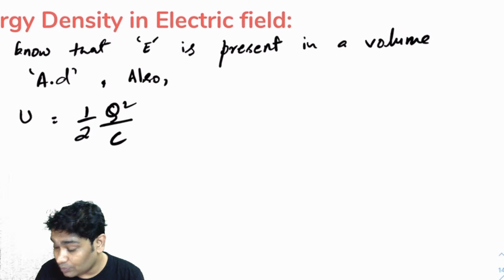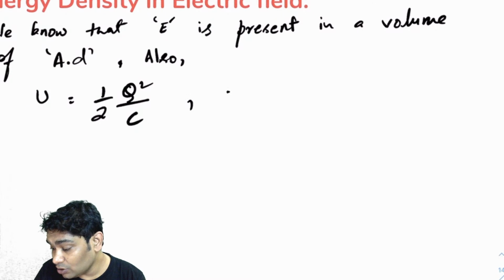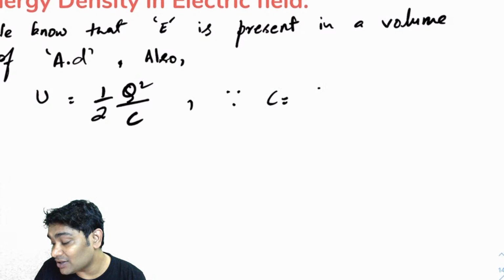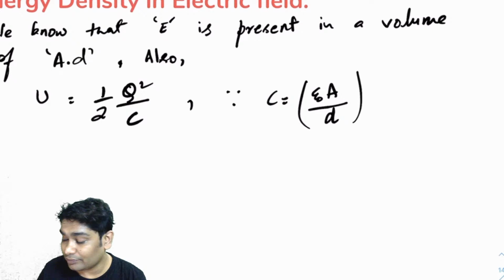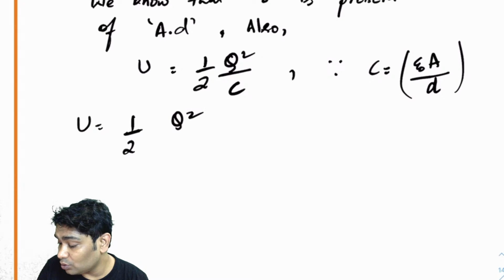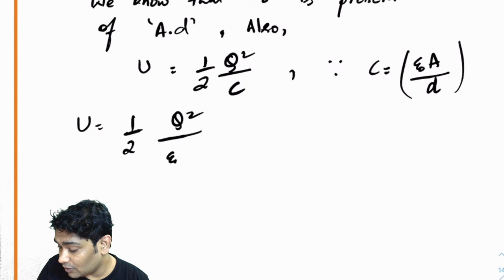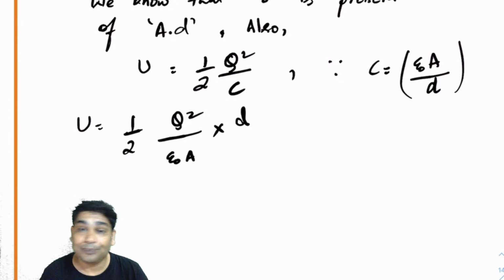So I also know how much is C. Since C equals epsilon naught A over D, let's start substituting this value. I can say that U equals 1 by 2 Q square over epsilon naught A over D.